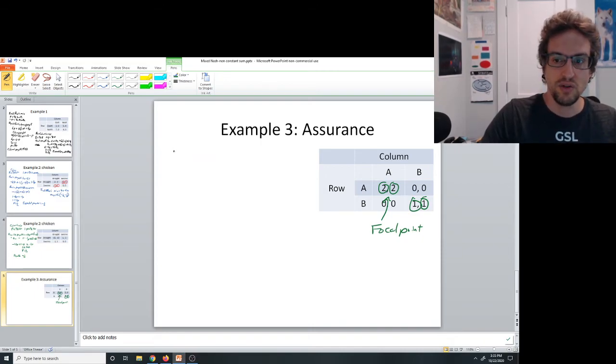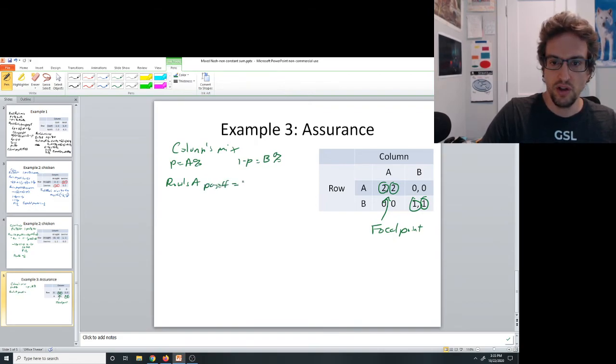It exists. Okay, so again, let's say that column's mix is P equals percent A, and 1 minus P equals percent B. Okay, so row's payoff, row's A payoff is equal to 2 times P plus 0 times 1 minus P. And the B payoff is 0 times P plus 1 times 1 minus P. So that means 2P is equal to 1 minus P. P is equal to 1/3.